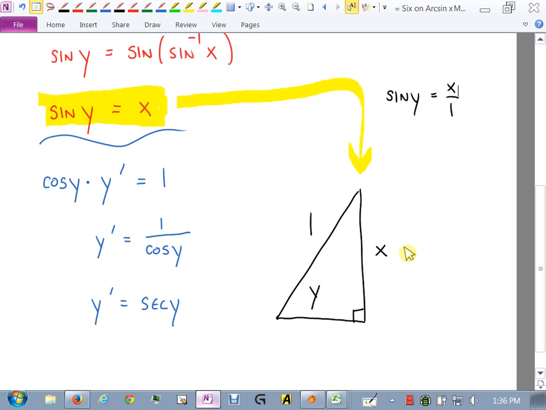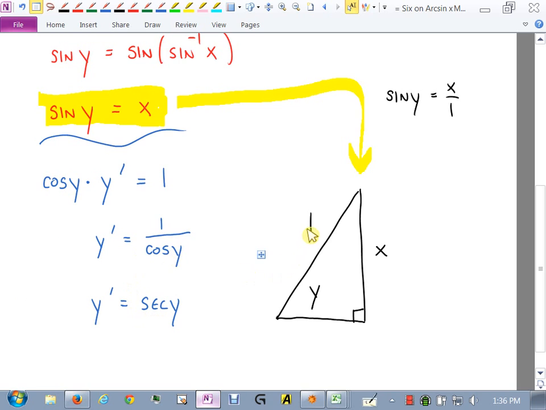Now, why would I want to do that? Because all I need to know is what's secant of y. Secant is the reciprocal of cosine. Secant is which side over which side? Secant of y. Opposite over adjacent is cosine, right? So secant would be hypotenuse over adjacent, right?